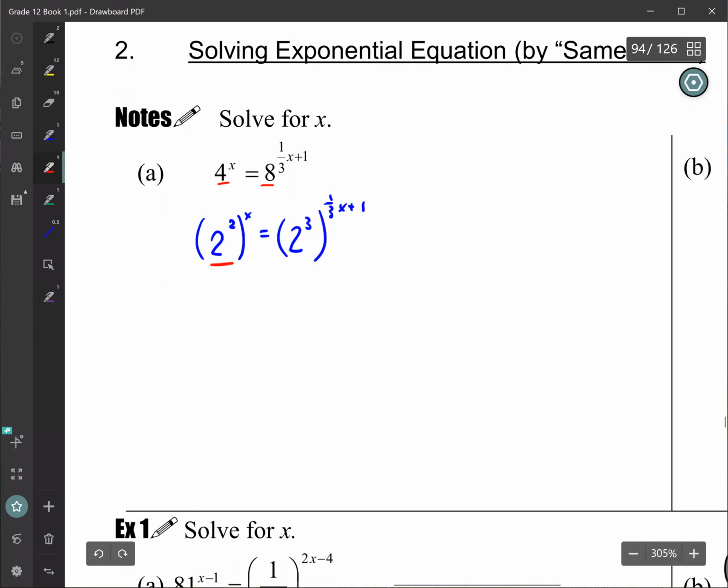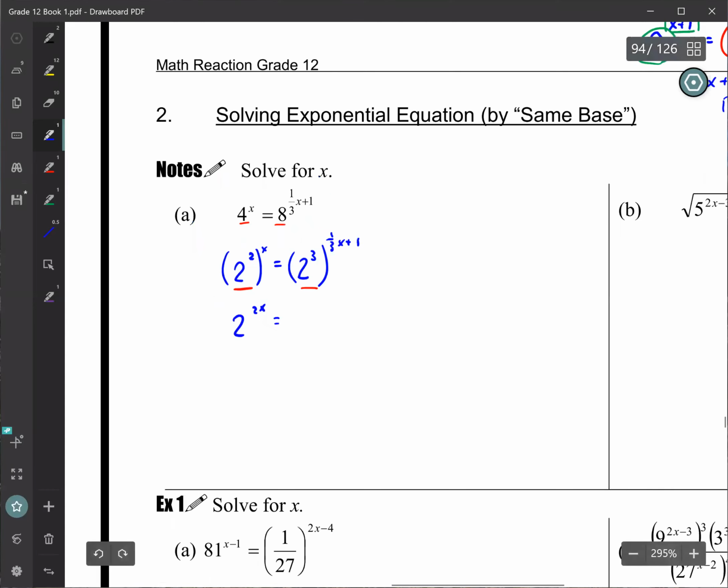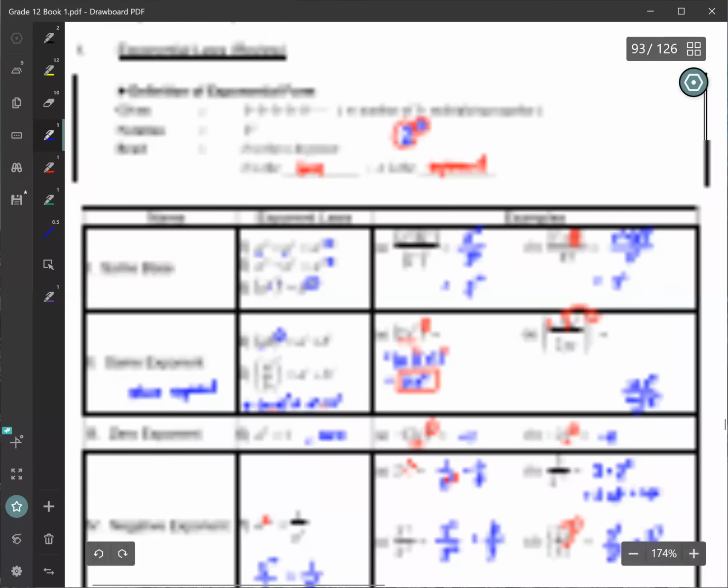So this part, see the red underline: 4 is 2 squared, 8 is 2 cubed, okay? And then we'll simplify it using the law that we reviewed on the last page. How do we simplify the left side now? Donna? 2 to the power of 2x. Yeah, so we can use our law number what?